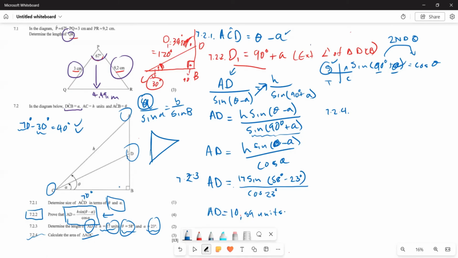For you to find the area of any triangle, you must at least have your side X, your side Y, and the angle in between, right? This is for your area rule. So this is basically the fundamentals of your area rule. You must have your side Y, your side X, and your angle in between.